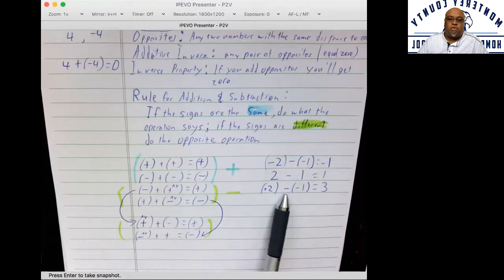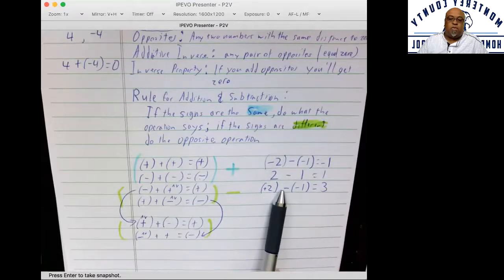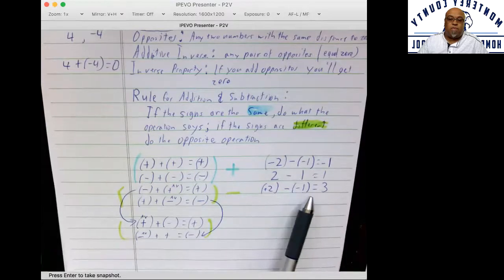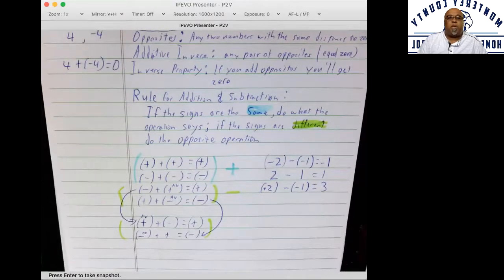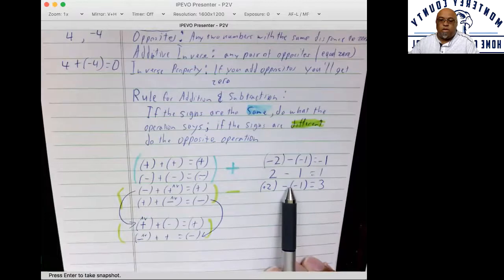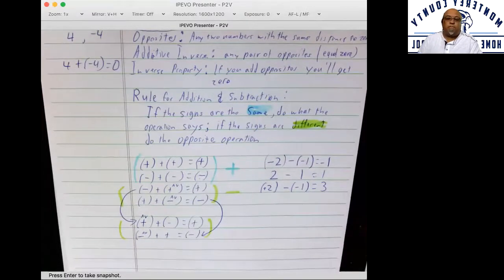Okay, so I have $2 taking away the debt or state of owing $1 means that the $1 that I was going to give back, I can now keep, so I now have $3. Okay, let me say that again. $2 removing or taking away the debt or the negativeness of $1 equals $3.